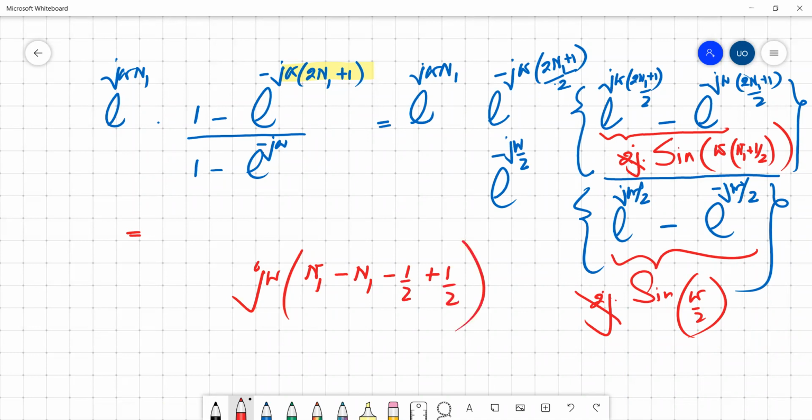Once you simplify it, minus n1 plus n1 minus half, so this becomes simply 0.